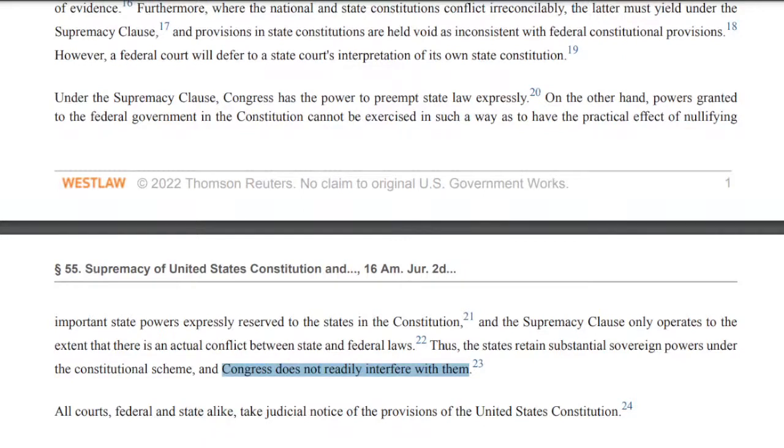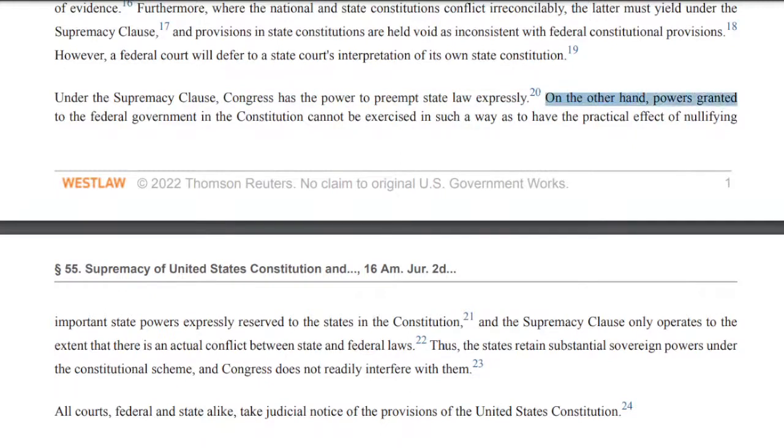So let's unpack this a bit. This is a pretty interesting way of approaching state law and the Supremacy Clause. Under the Supremacy Clause, Congress has a power to preempt state law expressly. So it would be a way for them to prevent a state law from happening.